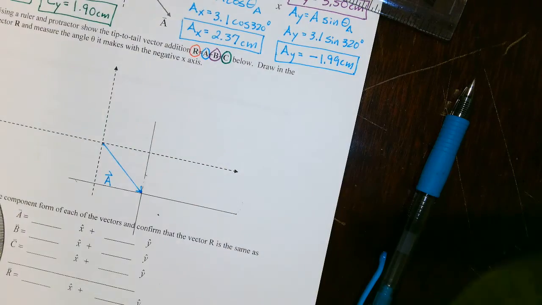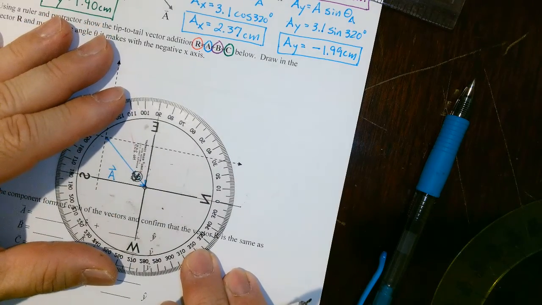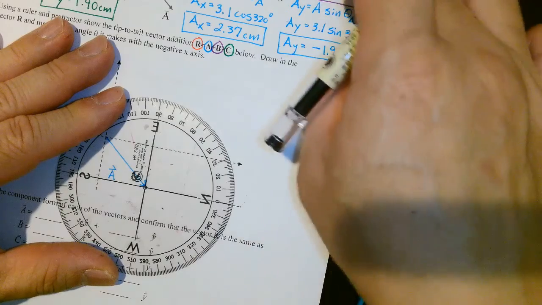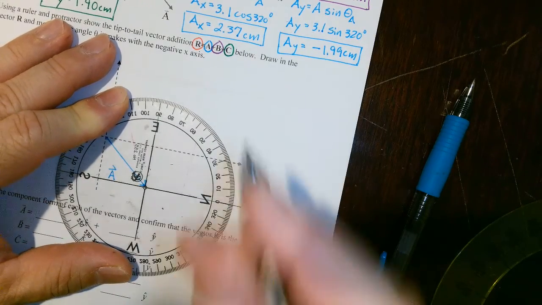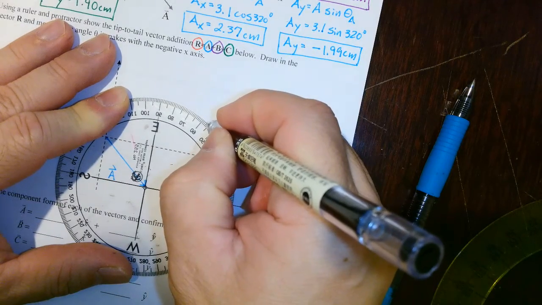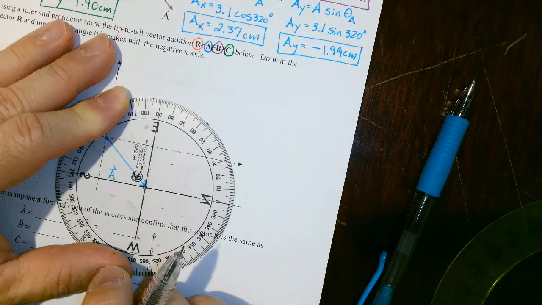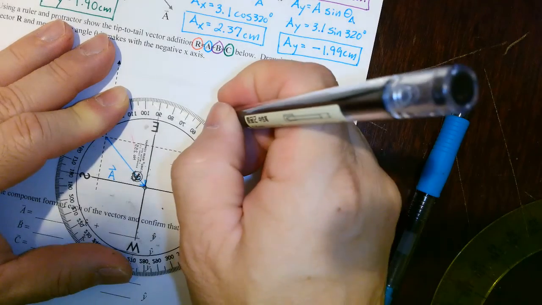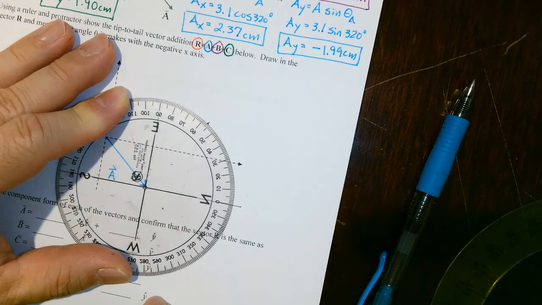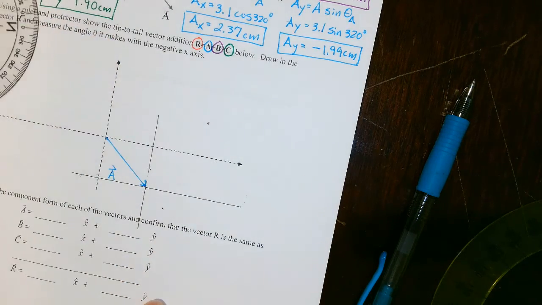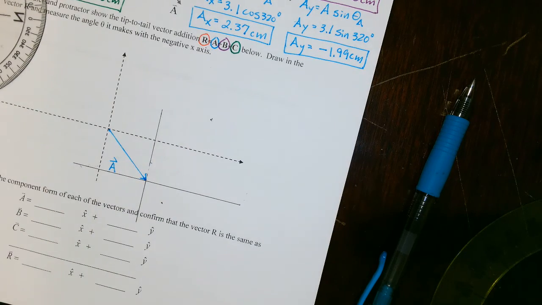So now I have this grid line that I could use as a reference to measure out my 56.5 degrees correctly. All right, so 56.5 is right about here. And then I will go 4.2 centimeters along that direction.